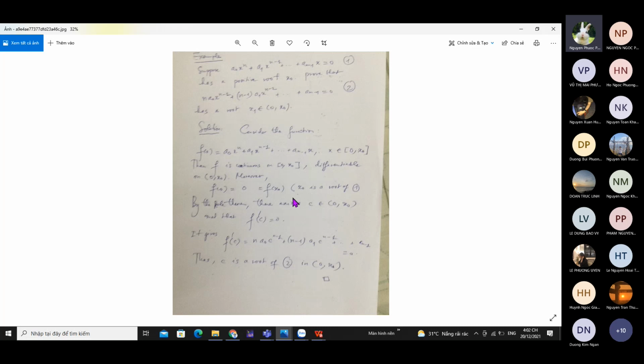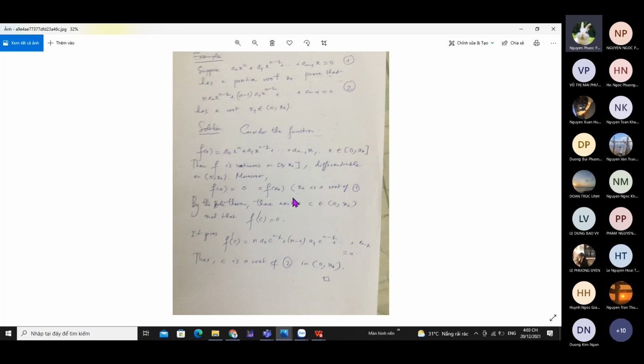Moreover, f of 0: you replace x with 0, you have 0 plus 0 plus 0. All terms in the left hand side of equation 1 give you just 0, right? And f of x0 gives you 0 because x0 is a root of equation 1.